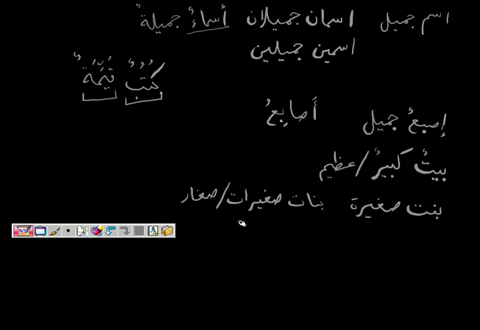And kabir, plural kibar, صغير, plural صغار. That form can apply to both masculine and feminine. But if you wrote banatun صغيرات, that's also correct. It's the more common form probably in modern Arabic.